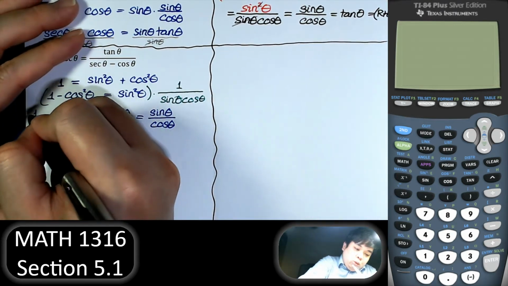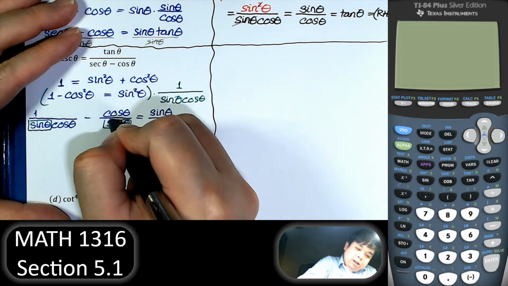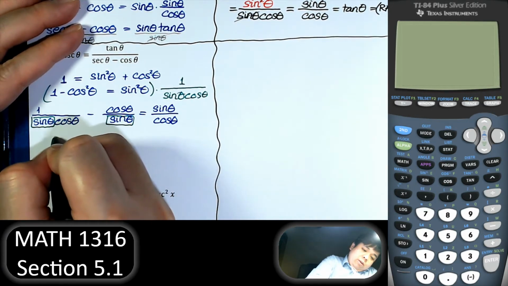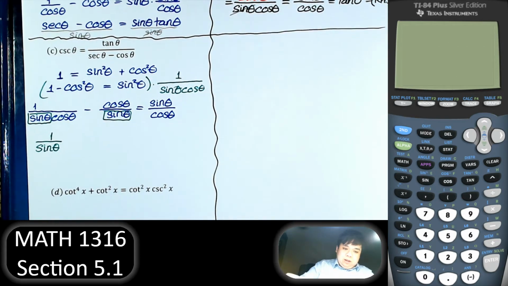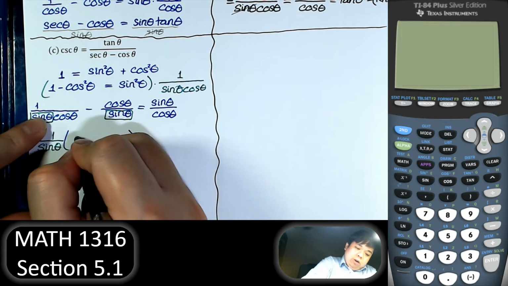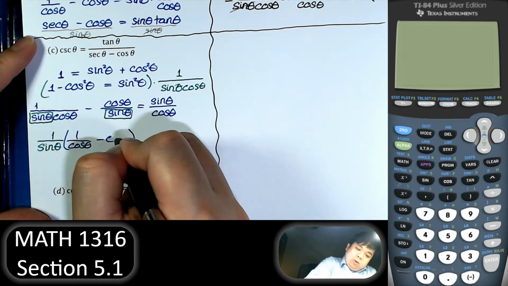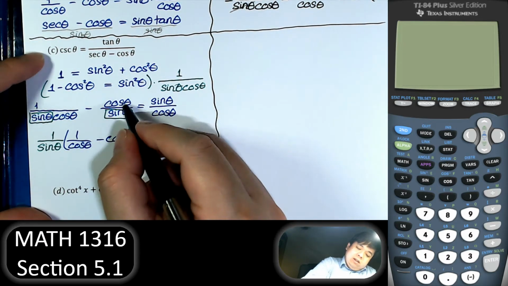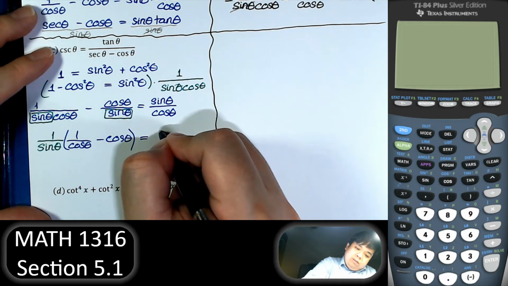Now what do we do with the left hand side? On the left hand side, we'll factor out sine at the bottom. So we have 1 over sine as a common factor. We'll factor that out. We have 1 over cosine left, and then cosine, and then sine over cosine.